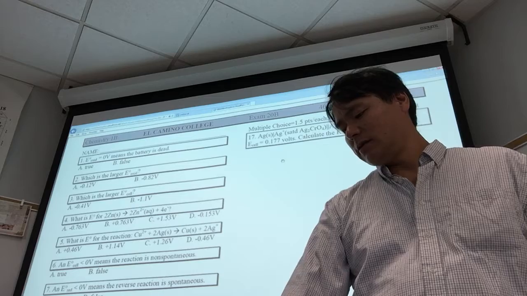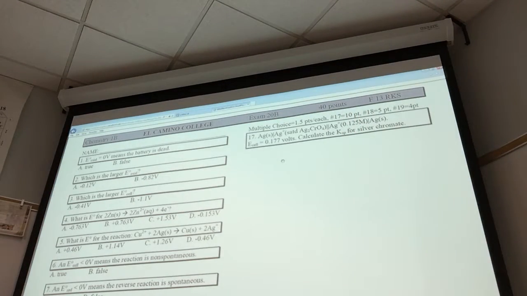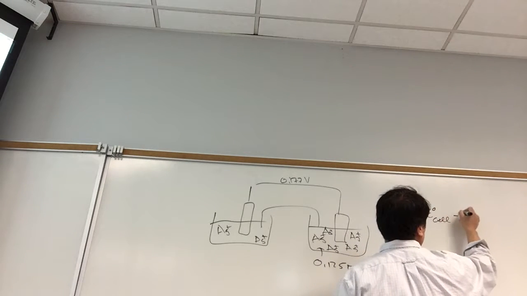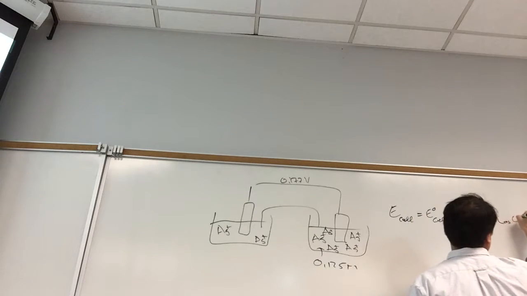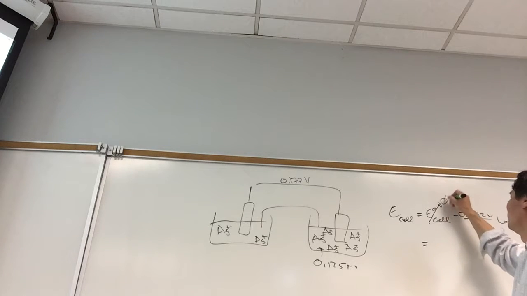We can use the Nernst equation to figure out the concentrations, right? Because we already know the concentration on the right side. What is the concentration? 0.125 molar. And so this problem should be a basic Nernst equation problem. E of the cell is equal to E naught of the cell minus 0.0592 volts over n log Q. This is easy because E naught of the cell is 0 volts.